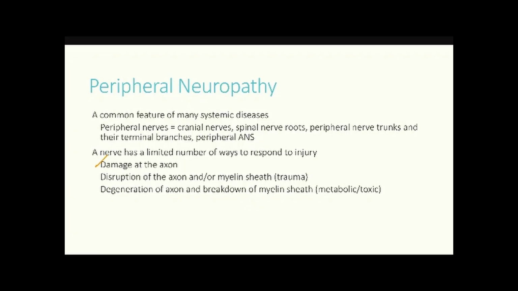Either it can damage the axon, disruption of the axon, or degeneration of the axon. It pulls away. Pulling away is what happens with ALS, which we'll get to later on today, if not on Monday. The nerve pulls away from the muscle, and if there's no nerve on the muscle, will that muscle work? Nope.